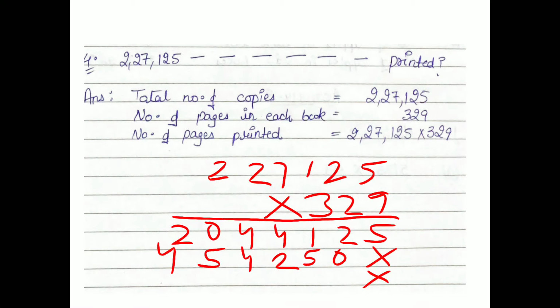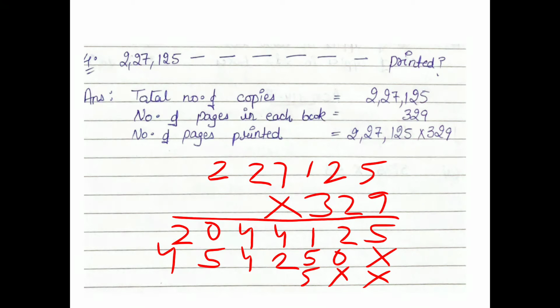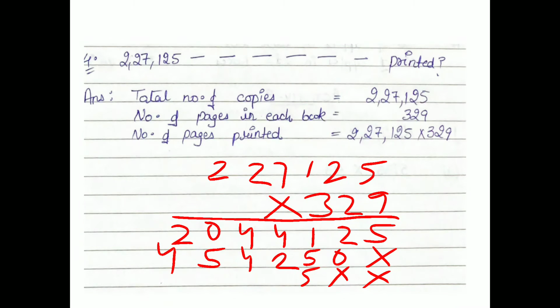Now again put two crosses. We do with 3. 3 5s are 15. 3 2s are 6 plus 1, 7. 3 1s are 3. 3 7s are 21. 3 2s are 6 plus 2, 8. 3 2s are 6.